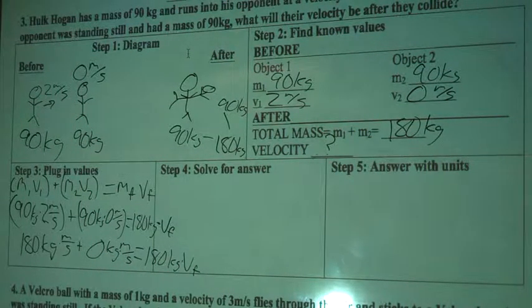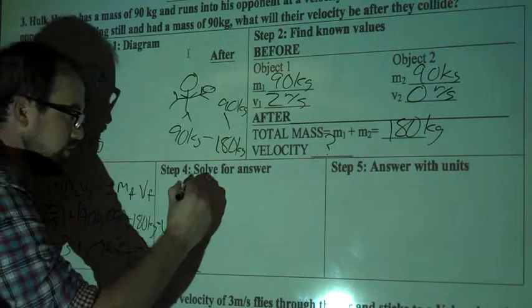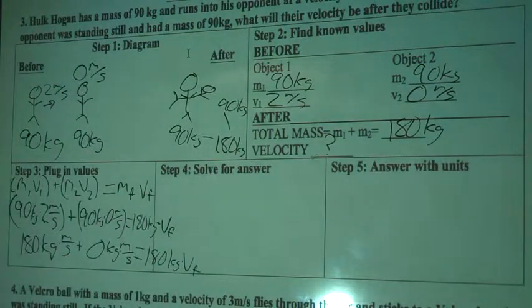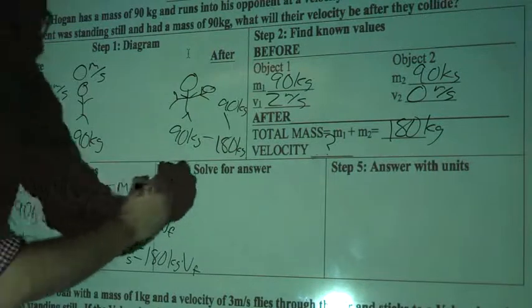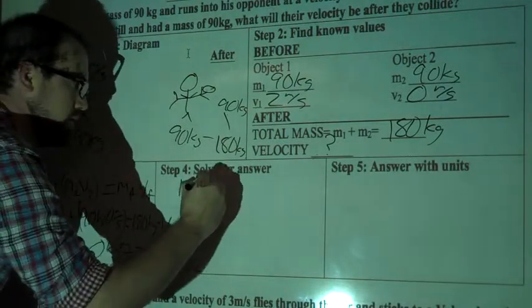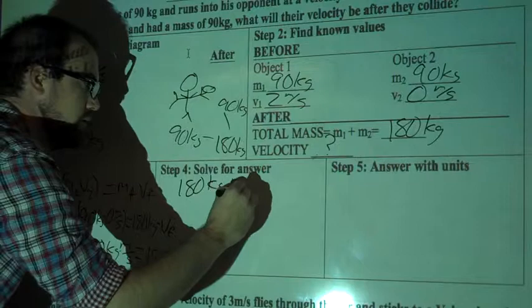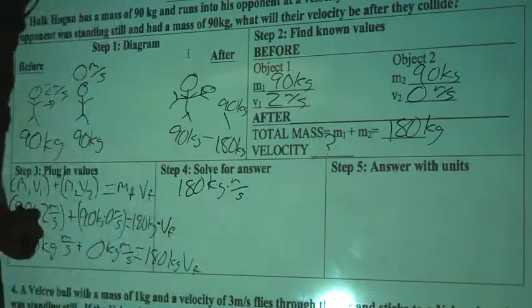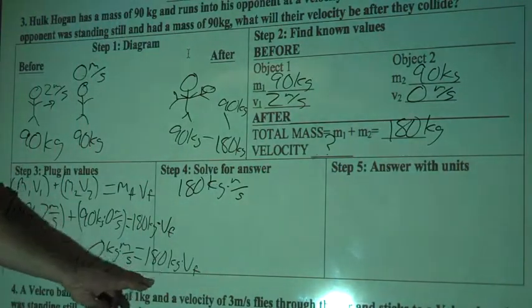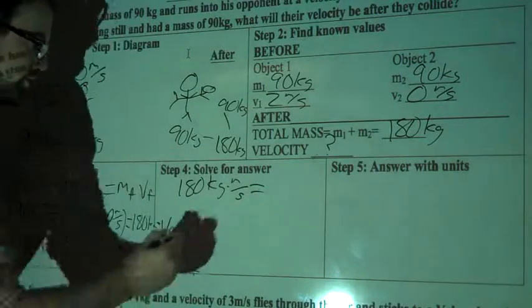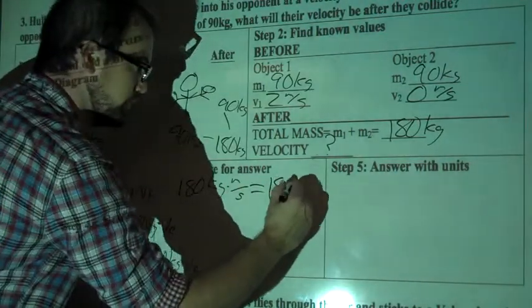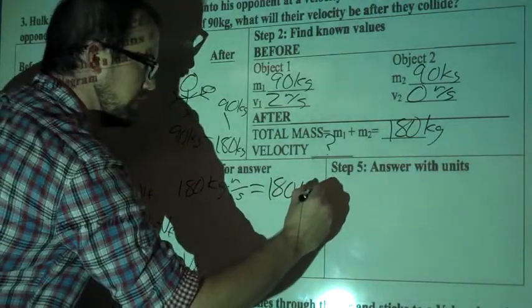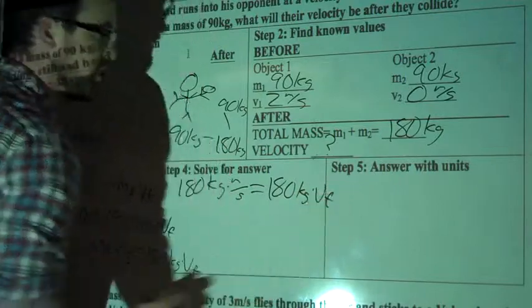So solve for the answer. We don't need the 0 there anymore, so I'll just rewrite this. We've got 180 kilogram meters per second, and on the other side 180 kilograms and then still times final velocity, which I don't know.